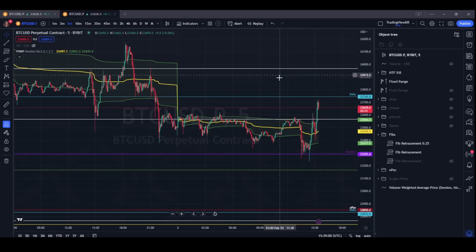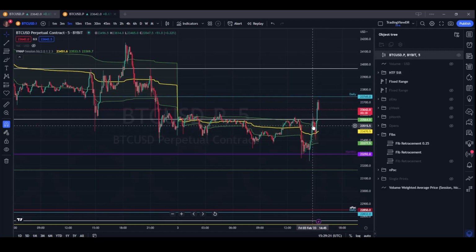Shorts only in this area, so we're starting to get into short area here. But if I were to take a short of the daily, I would go back to my order flow program, look at delta volume, and look for a swing failure pattern or a failed auction, and that would be my trigger to enter a short there, because this may just blast right through there and go up. So you need to look at reactions at each of these levels. But I wouldn't take a trade now.